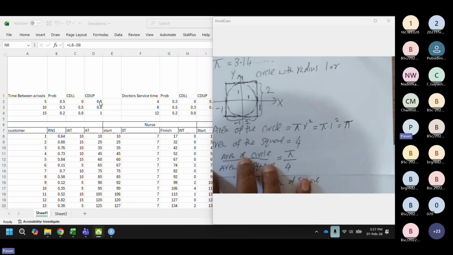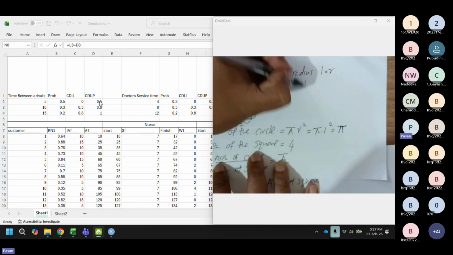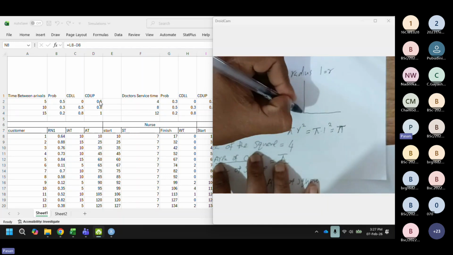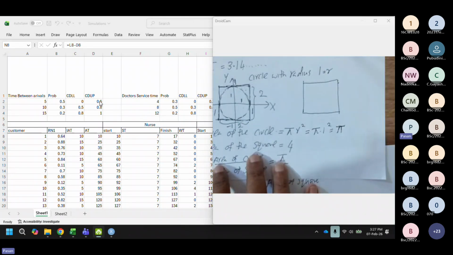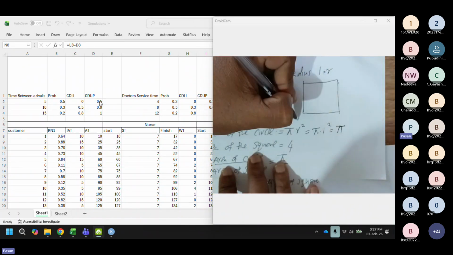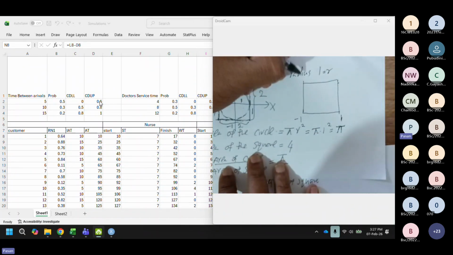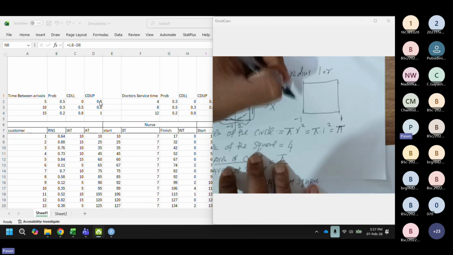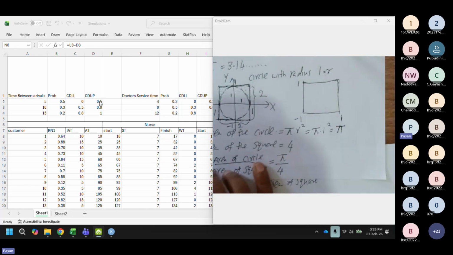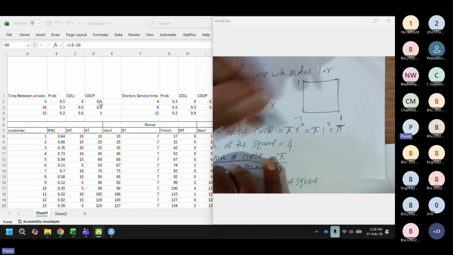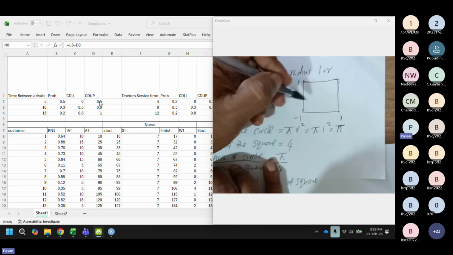So I can just take a square like this, between -1 and +1 in both directions, and I can generate the random numbers between -1 and +1.